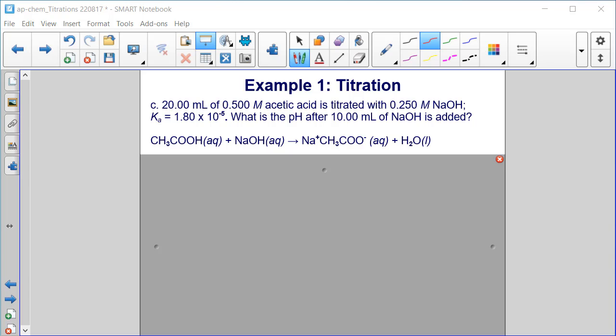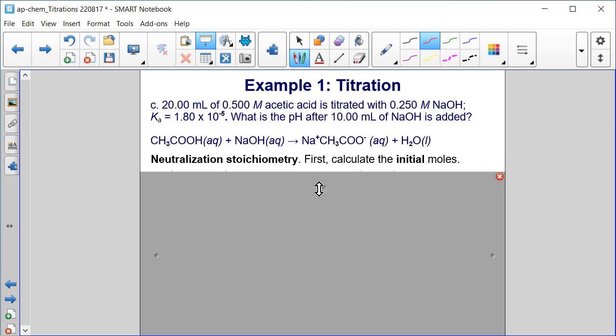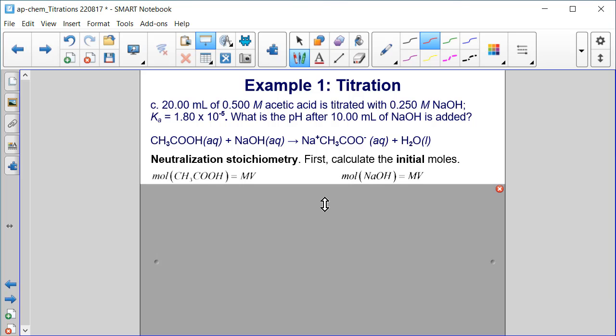So we're going to start by doing some stoichiometry of the neutralization reaction. So find out how much of the acid 10 milliliters of the base neutralizes, and therefore how much is left. So let's first calculate the initial moles.